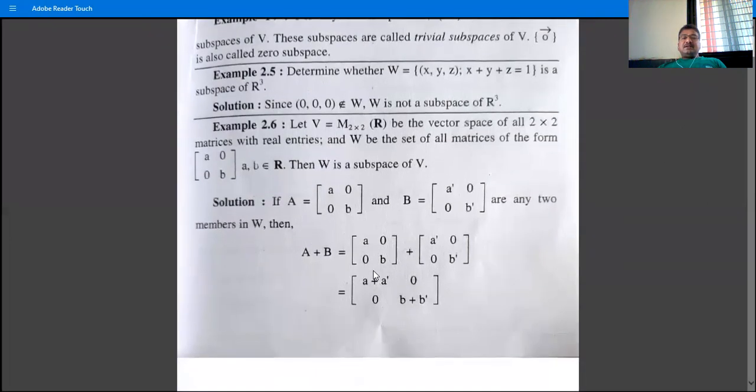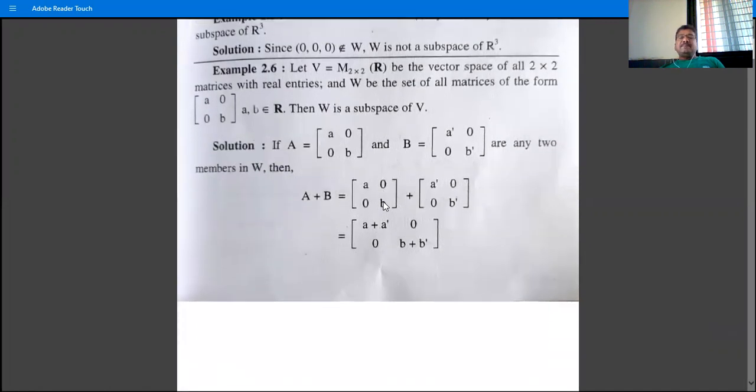Similarly, the next example: V is M2x2(R), the vector space of all 2 by 2 matrices with real entries, with respect to the two operations, usual addition and usual scalar multiplication. W is the set of all 2 by 2 matrices of this type, diagonal with a and b, where a, b belong to R. Then W is a subspace of V. So how can we show W is a subspace of V?